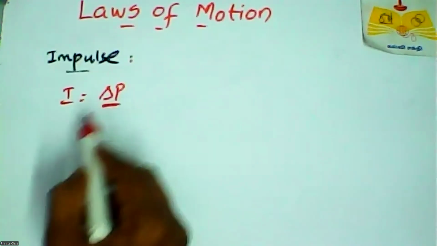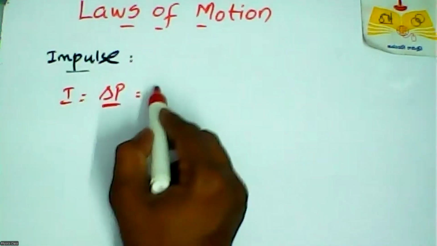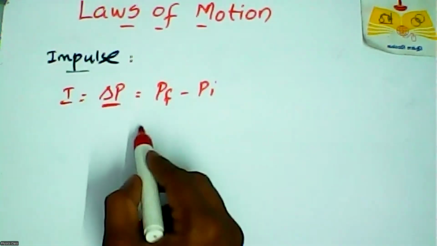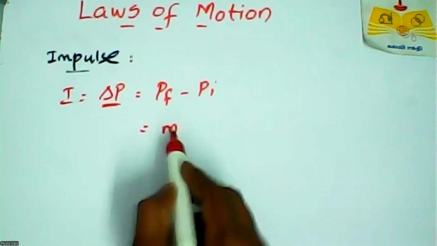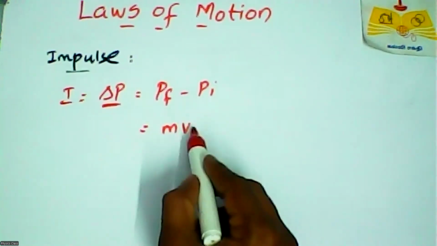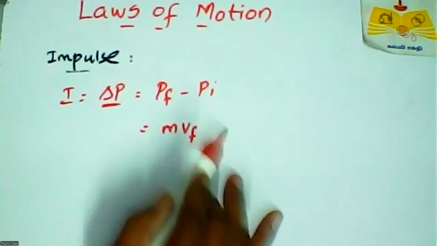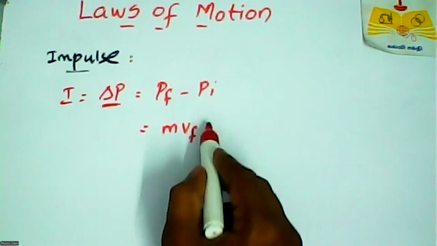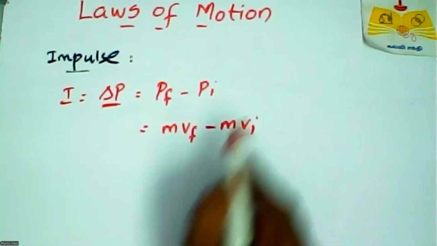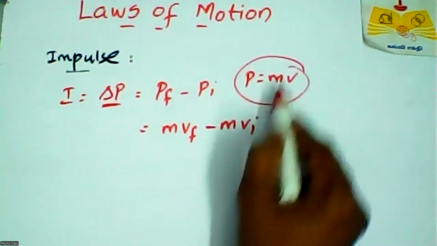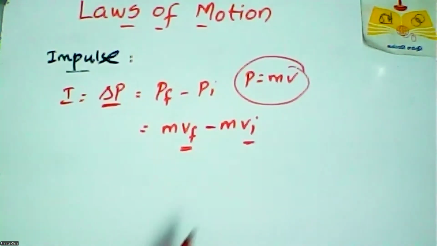That means change in momentum, Pf minus Pi. Momentum is m dot v. Mass does not change, so m is m, but velocity changes: m times Vf minus Vi, because p is equal to mv. This is the final velocity and this is the initial velocity.